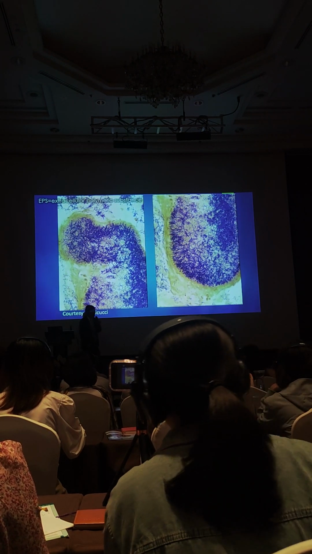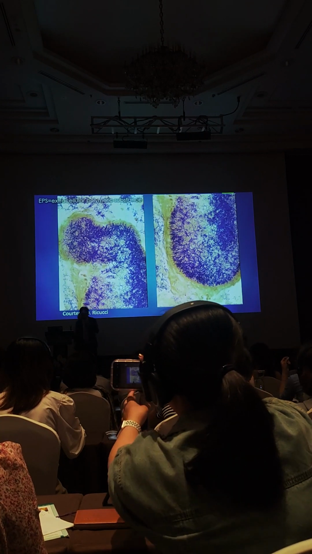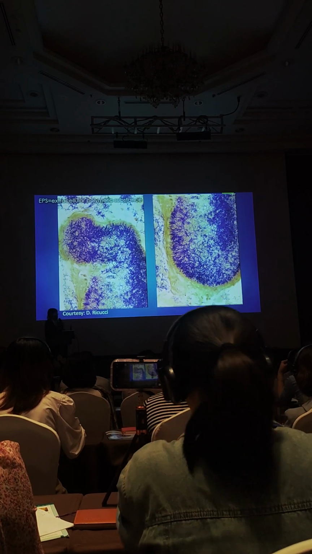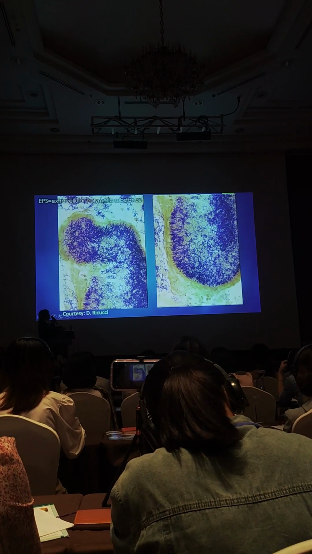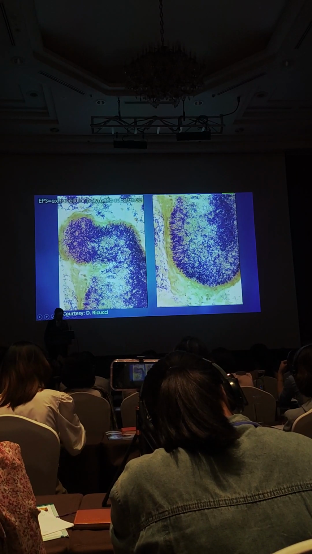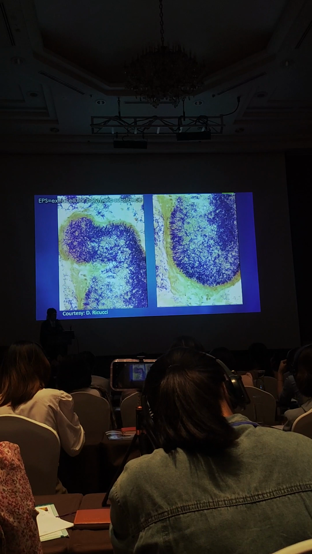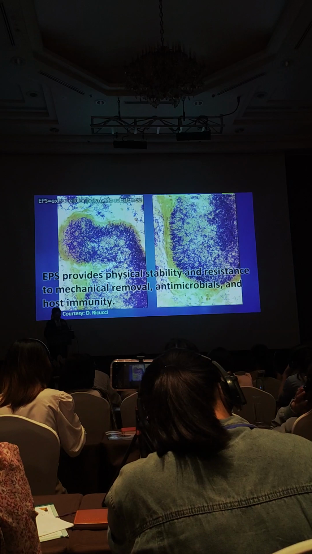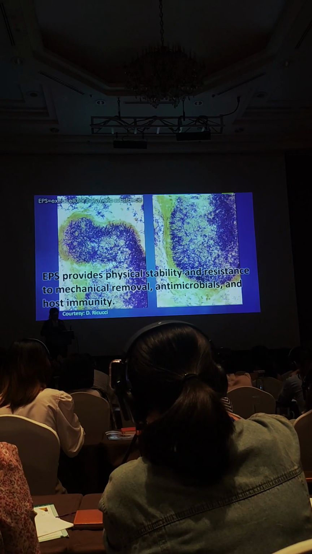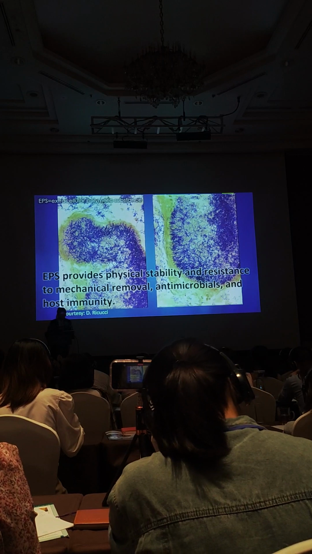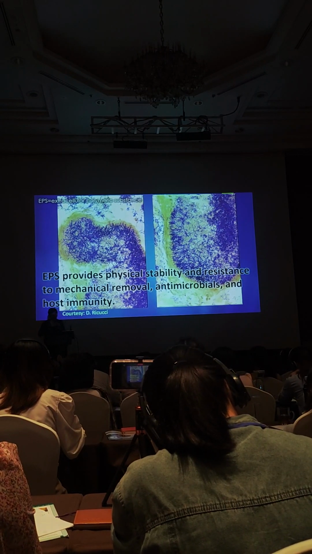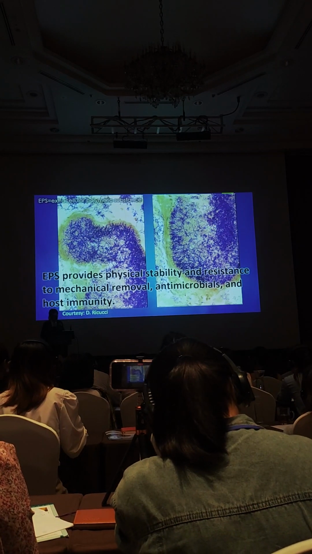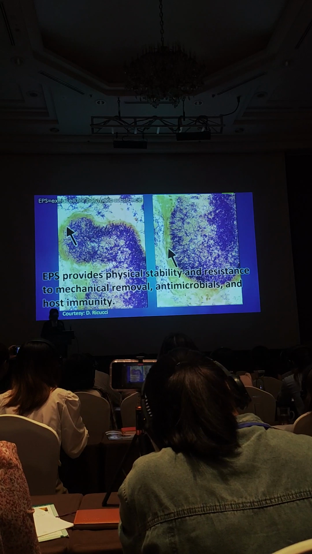Why are biofilms difficult to remove? Because biofilm has the extracellular polymeric substance outside here. You see the yellow part is extracellular polymeric substance protecting the biofilm community. So actually the macrophage or any host cell cannot attack the biofilms because of the EPS, extracellular polymeric substance, like this.